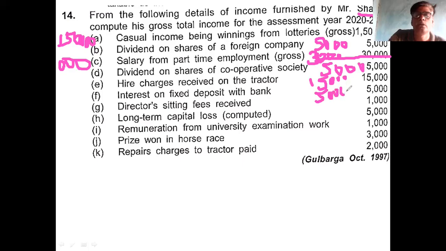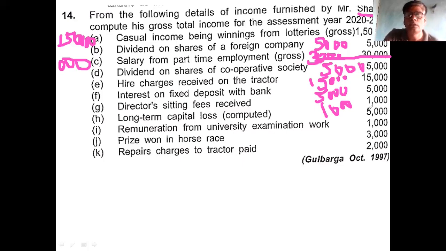Director sitting fee 1,000. Then long-term capital loss is there. This long-term capital loss should not be adjusted in other incomes. Remember this.